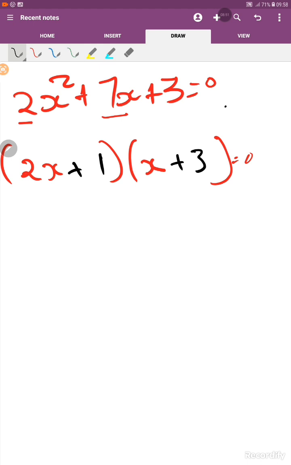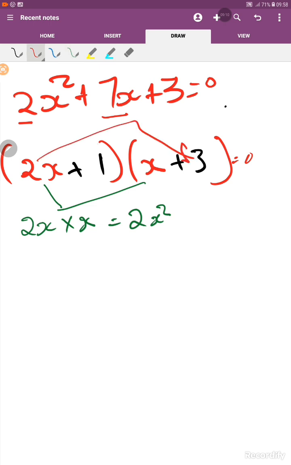Therefore, now we are proving this, we are going to say 2x multiplied by x is going to give us 2x squared. Then we're going to say that 2x multiplied by 3 is going to give us 6x.